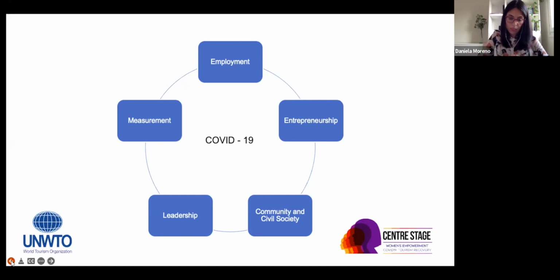If we want to see how many women are working in tourism by region, in America, for example, it's 57%. In Africa, it's 69%. In Asia and the Pacific, it's 53%. In Europe, it's 53%.